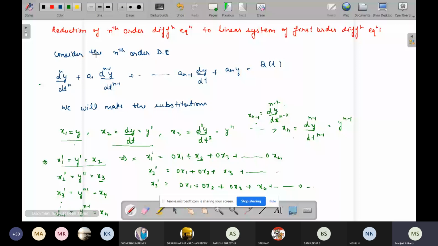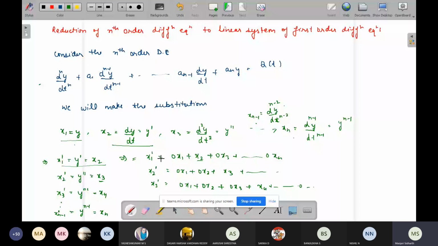Okay, so let's discuss it with one example, then only it will be clear to you. I'll just tell you how to convert it into the system of equations, and the solution part you need to complete.